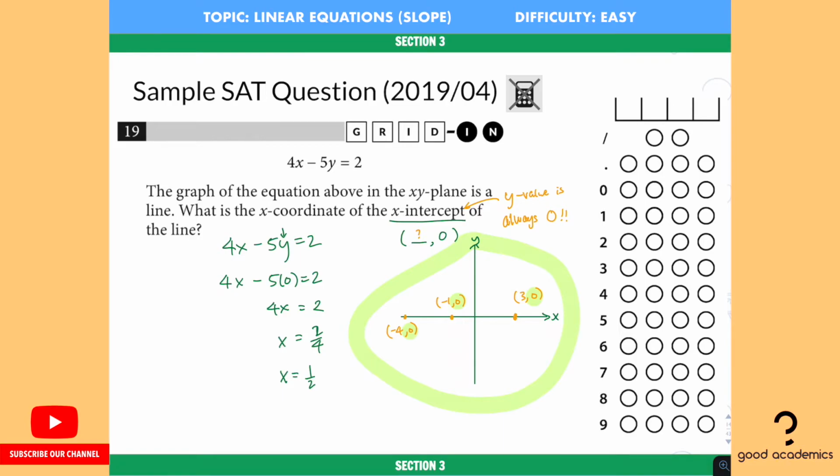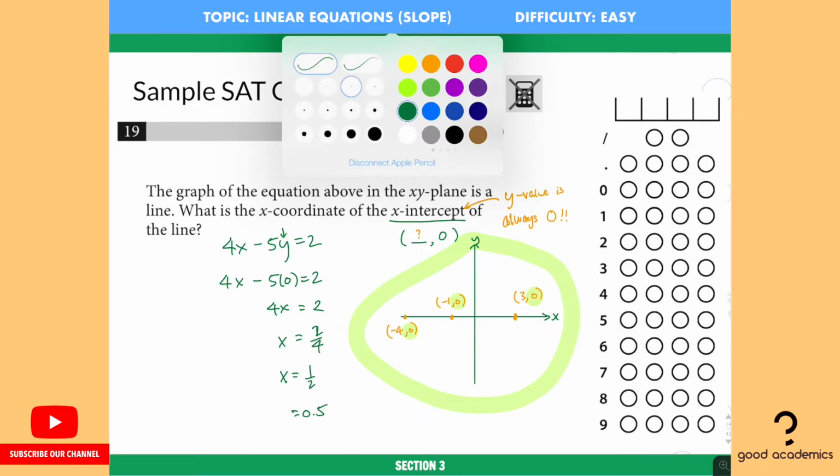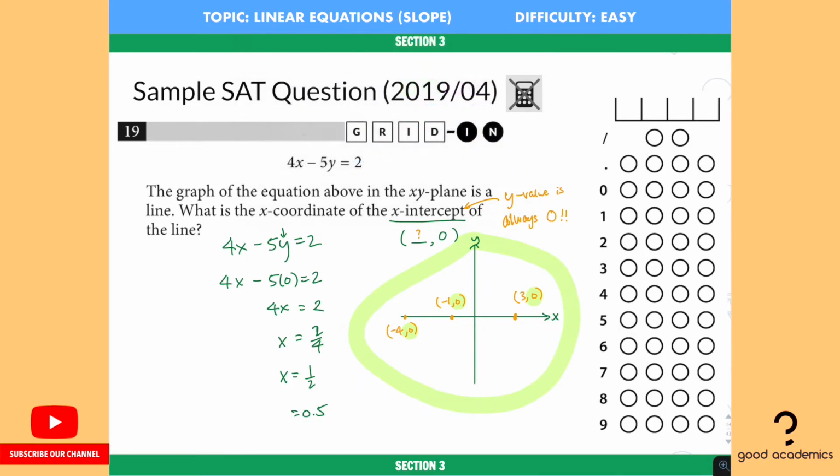Now you have two options to answer this question. You can answer this question as just 1/2, or you can answer this as 0.5. I'm going to show you both ways, just in case you need some help. So you can say 1 over, or slash, 2. Or, if you'd rather not do the fraction, let's just do the 0.5.